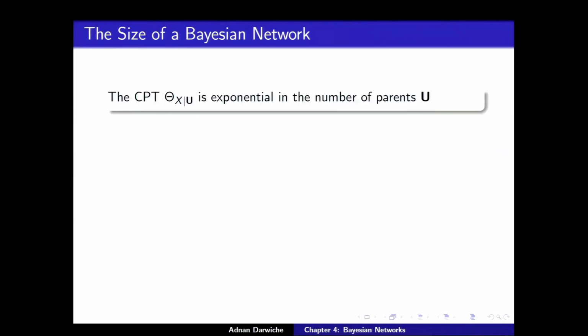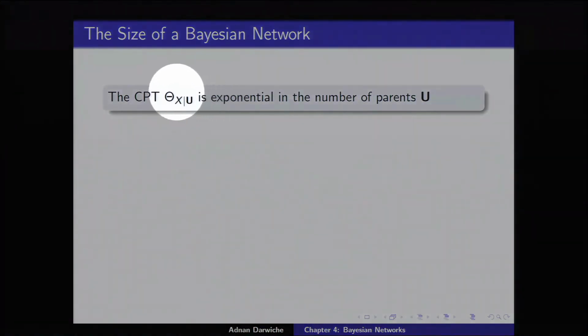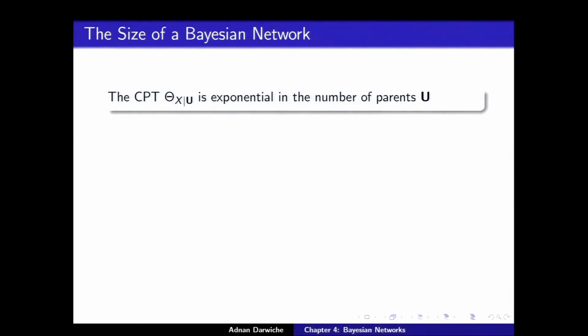So now we're going to talk a little bit about the size of a Bayesian network, because that's a big deal. If you look at a particular CPT, for a variable X and its parents U, as you can imagine, the size of this is actually exponential in the number of parents, right? Because I have to look at every instantiation of the parents.